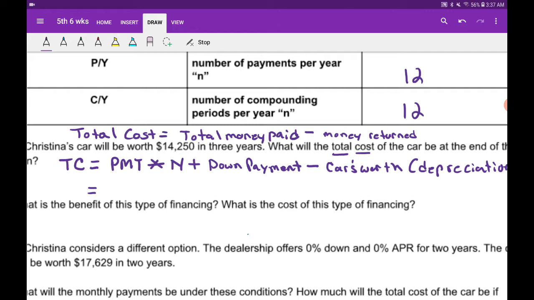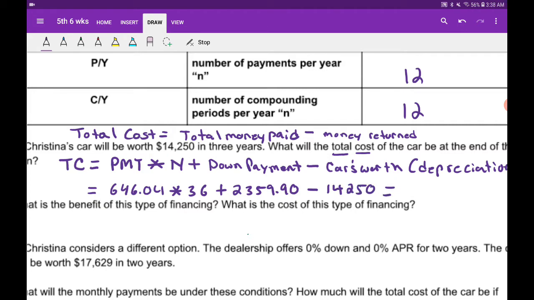So we're going to take our payment here, it's $646 and 4 cents. Okay, multiply that by our compound, which is 36, plus our down payment, which was $2,359 and 90 cents. All right, and then minus the car's worth, which is $14,250.